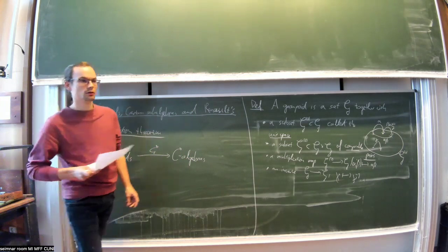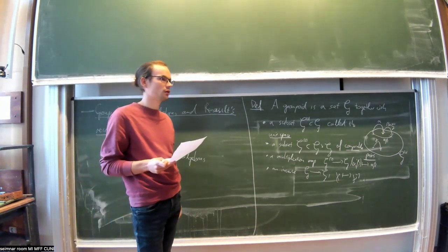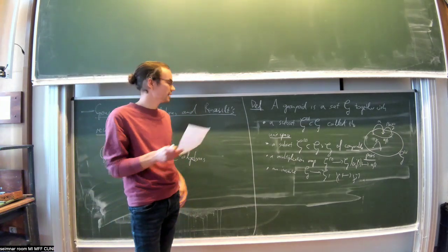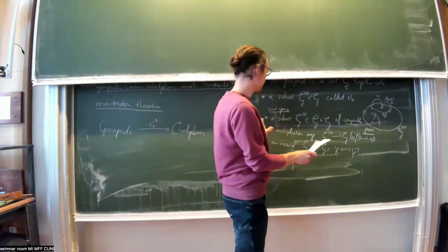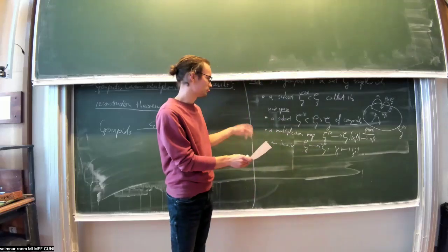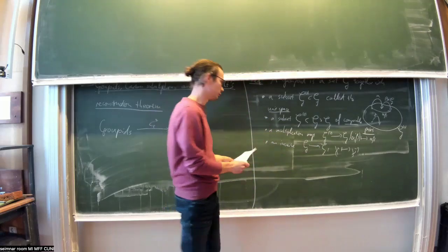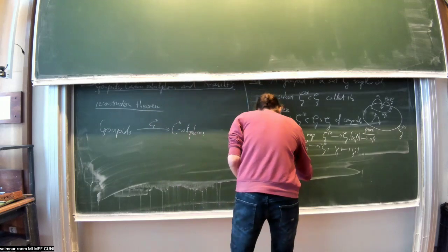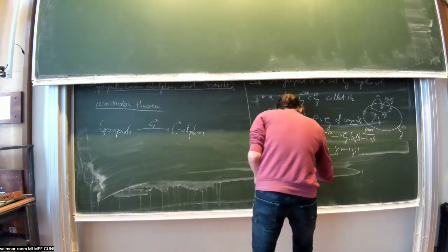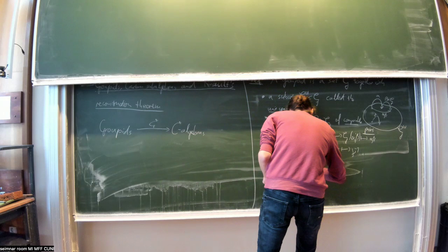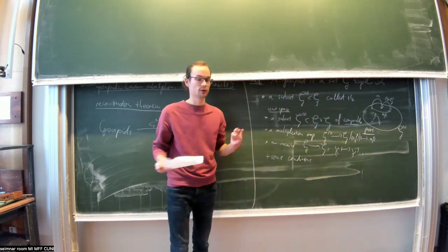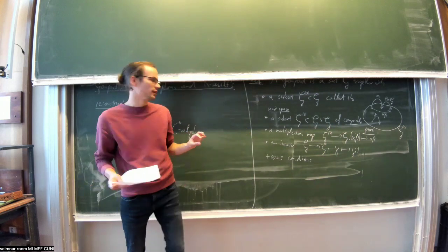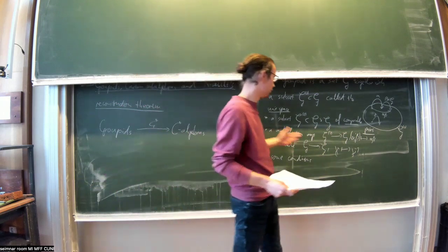Do you ask that an element is always composable with its inverse? Yes, you do. I mean, you need some conditions on all of these maps, right? Like you want the multiplication to be associative, for example, and you want the inverses to actually be inverses.